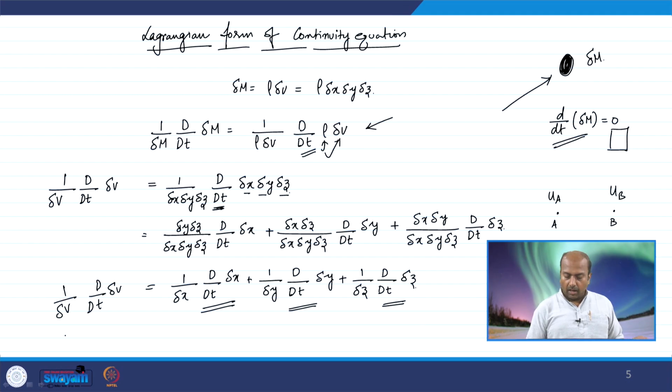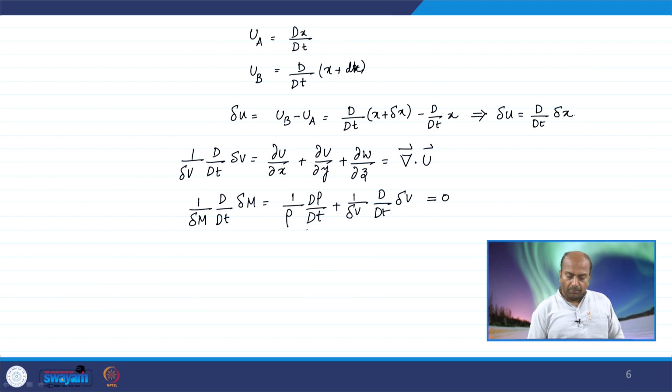So once I apply it for the incremental volume, this is what I get, and the first term is staying as it is. So now I can substitute what I know for this term.